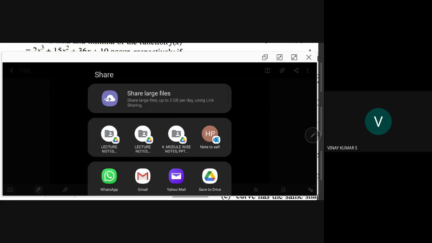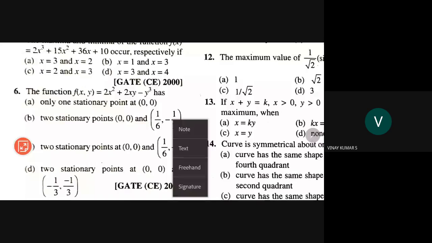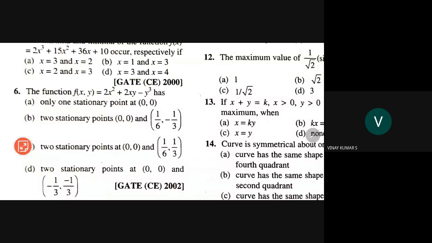Okay, all right. The function is 2x square plus 2xy minus y cube. This is f of xy.